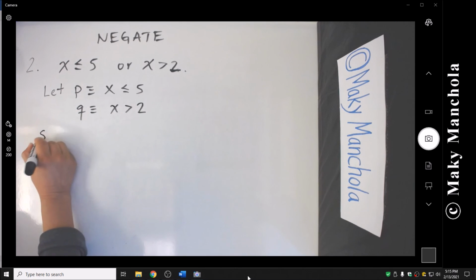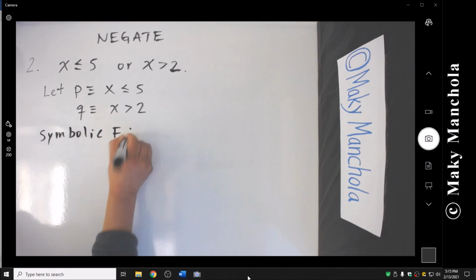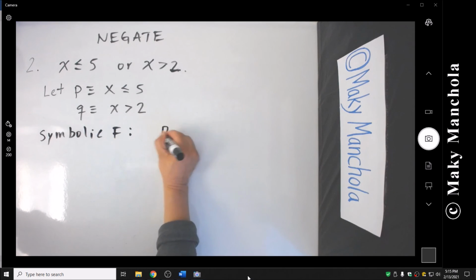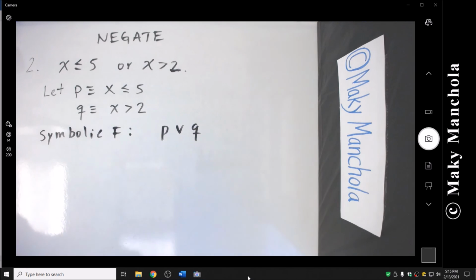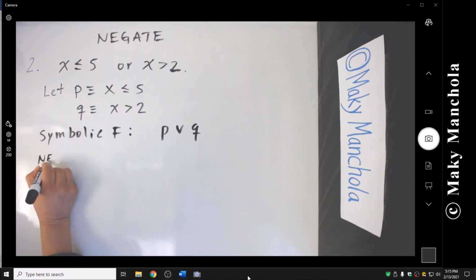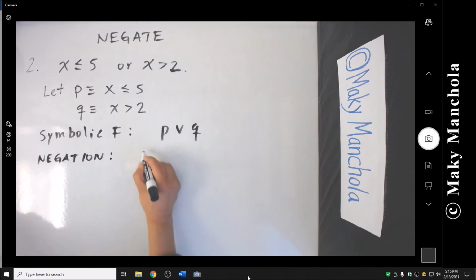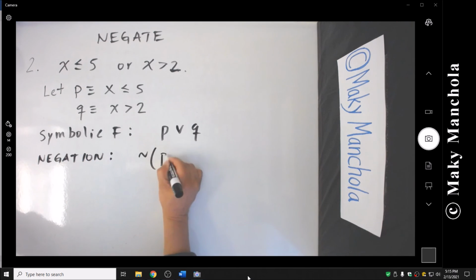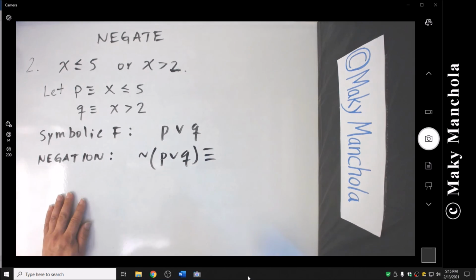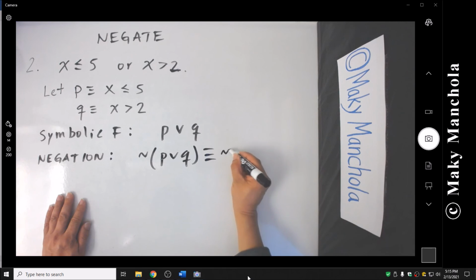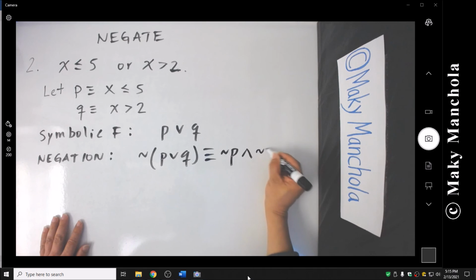So here's my symbolic form: P or Q, and its negation. Well, it's going to be negation of P or Q, which is logically equivalent by DeMorgan's law to negation of P and negation Q.